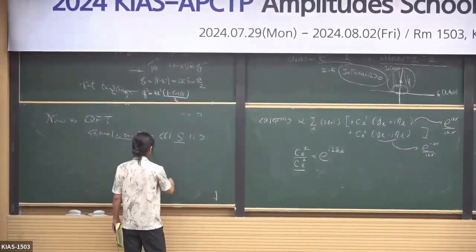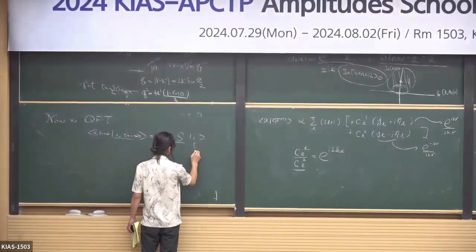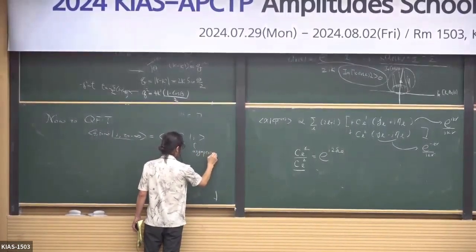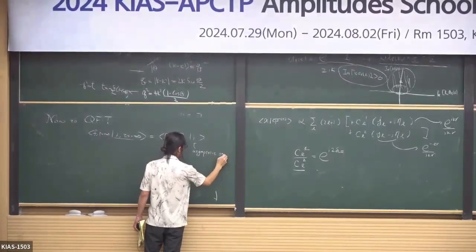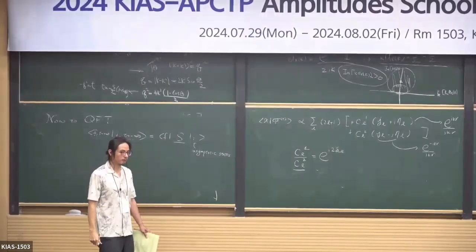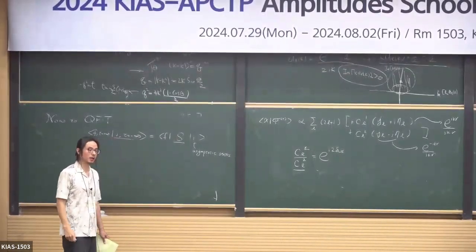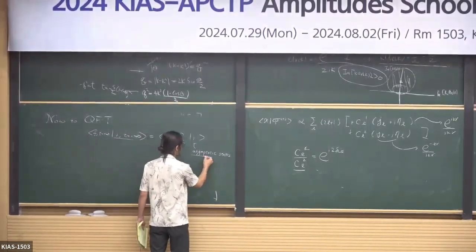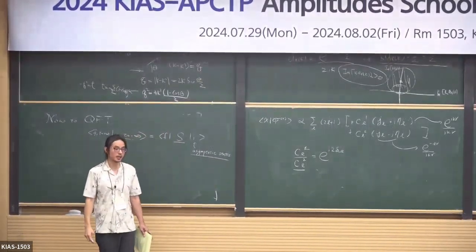In order to discuss this, we need to discuss what the asymptotic states are. If I view my asymptotic states as single particle states or tensor products of them, then the question is what quantum numbers I can associate with my asymptotic states.